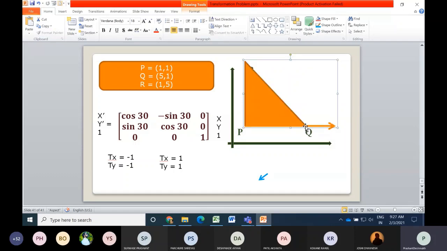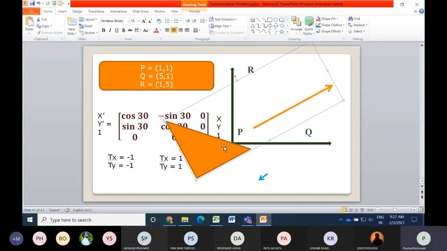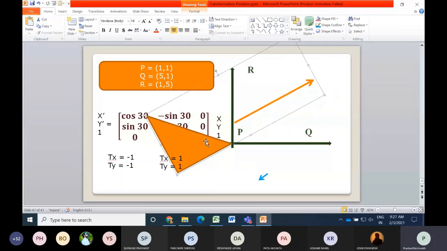This means that this point Q, we have to bring in the first step so that this Q will be here. Then perform rotation. After rotation, this will be like this. And then again Q goes back to its position.